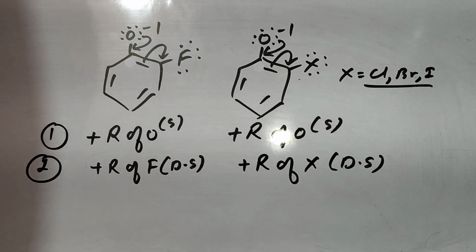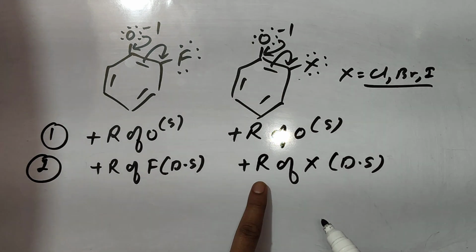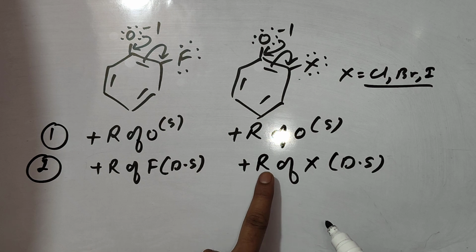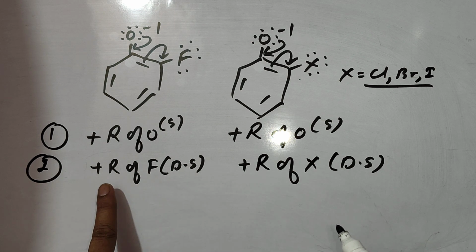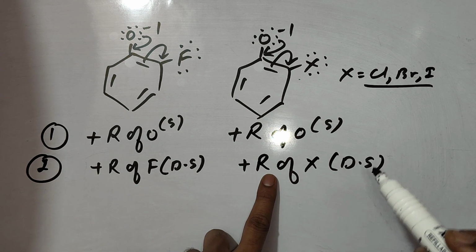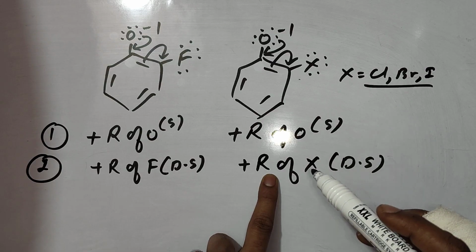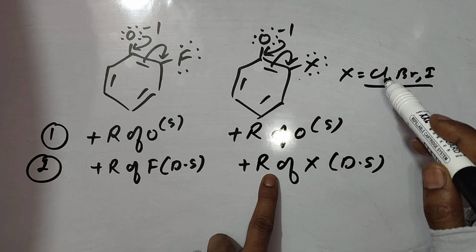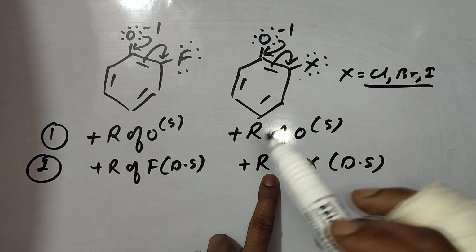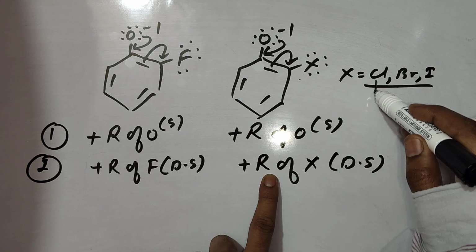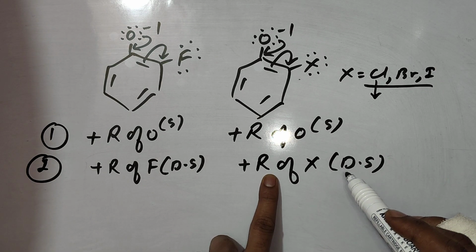Now before moving to the next effect, we should clearly understand the difference between plus R of chlorine, bromine, iodine and plus R of fluorine. As I have already told you in the previous video, the plus R of chlorine, bromine, iodine is very weak. Reason? Atomic orbital size.